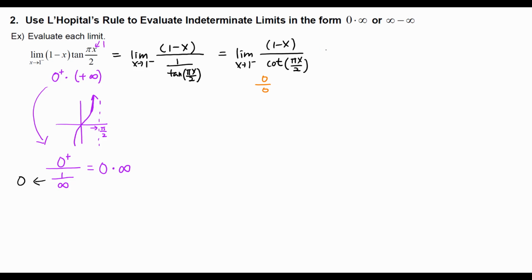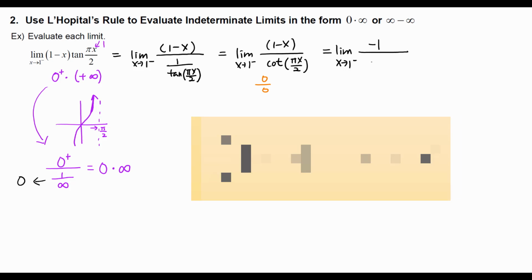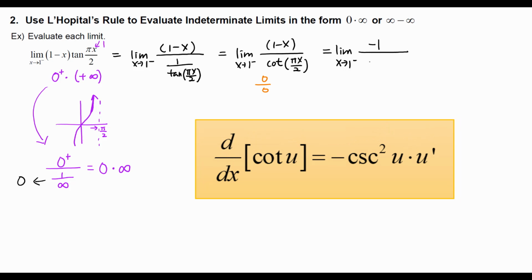And I'm going to take the derivative of numerator, limit x approaches 1 from the left. Derivative of numerator 1 minus x is negative 1. Derivative of cotangent of pi x over 2, that's a cotangent u. And derivative of cotangent u is negative cosecant squared u. My u is pi x over 2 times u prime.